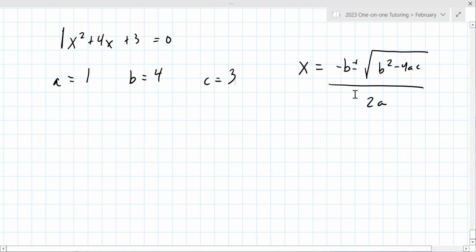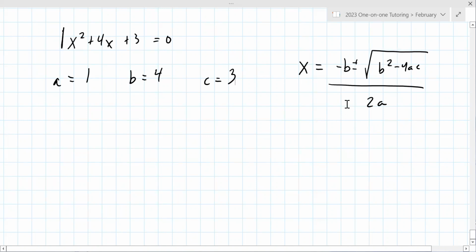Yeah, I did. My thing was 4 to the power of 2 equals 16, minus 4 times a times c, and then 16 with the 2 parentheses and 3 parentheses.